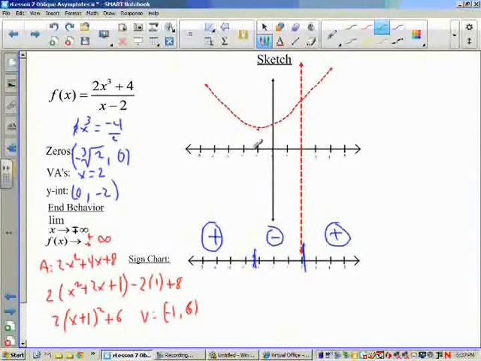I've got a 0 somewhere in here beyond negative 1. And down here I have a y-intercept. Other than that, I have no removable discontinuities, nothing else to really guide me. So I just have to follow my rules here, positive to the left, negative to the right of this 0. And that's going to look something like this.